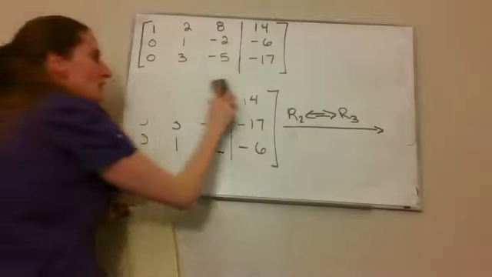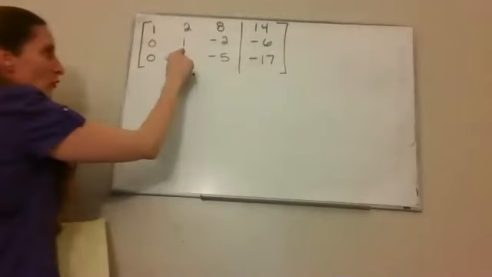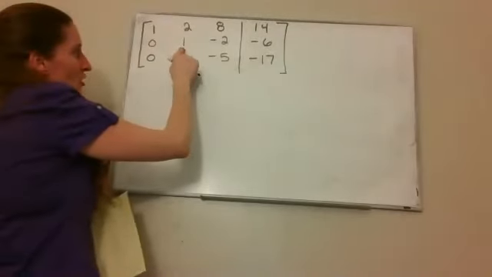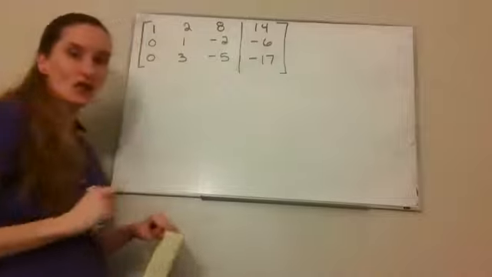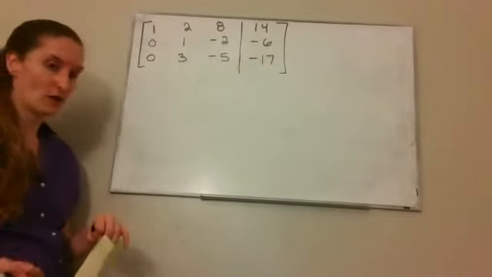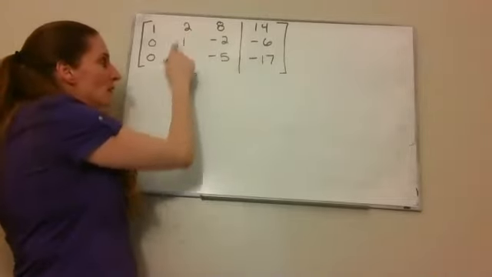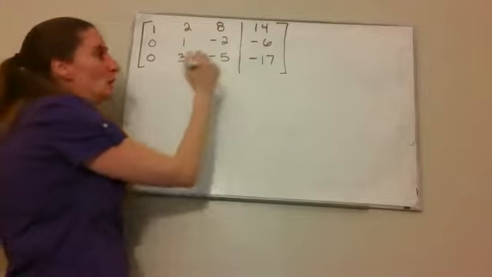So this still is not reduced row echelon form, but now I have my leading 1 where it needs to be. To put this into reduced row echelon form, I need zeros above and below every single leading 1. So this 2 needs to become a 0, and that 3 needs to become a 0.